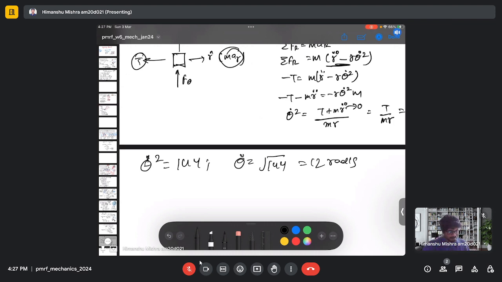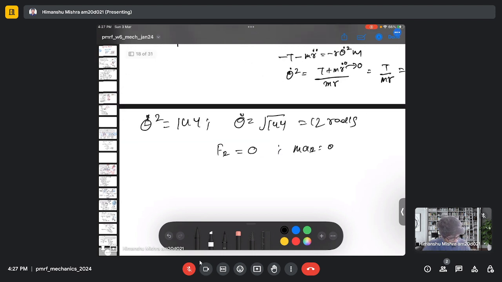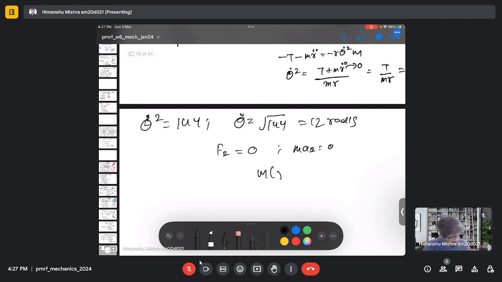Now, what if the cord breaks? If the cord breaks, then the force in the other direction will be 0, which means that m a r equals 0, because the collar is free to move in the r direction. So it will be m r double dot minus r theta dot square equals 0.